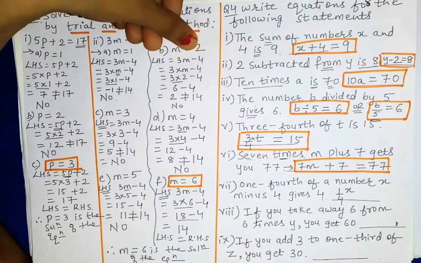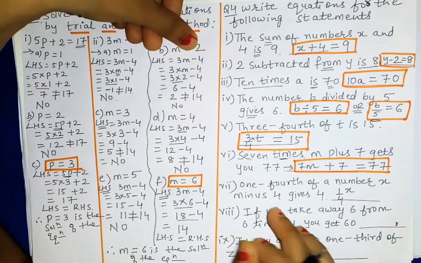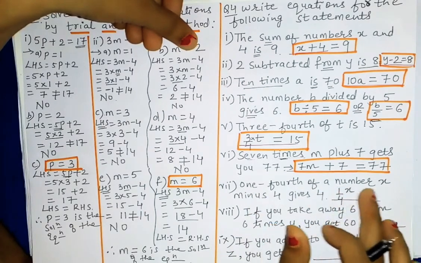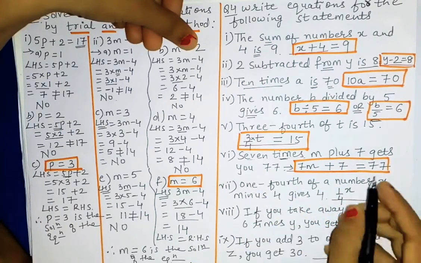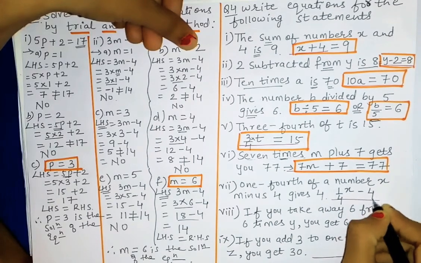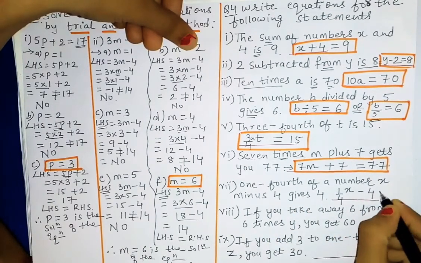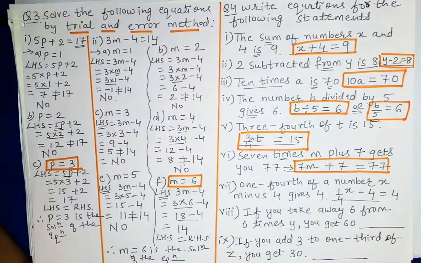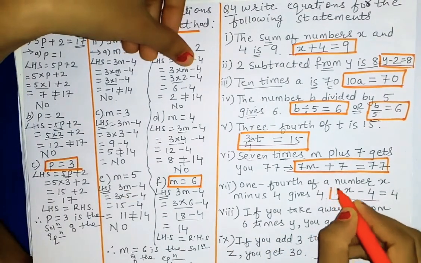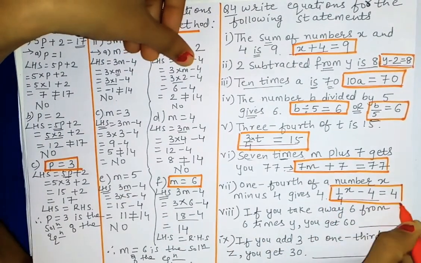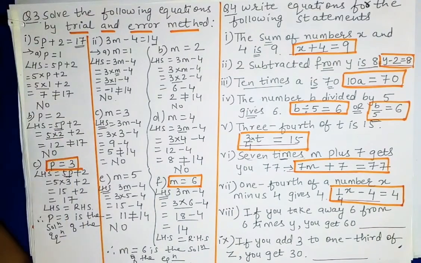So x upon 4 भी लिख सकते हैं, 1 upon 4x. This way also you can write. So 1/4 of a number x minus 4 gives 4. Gives 4 means equal to 4. So this way you will write your equation, 1 upon 4x minus 4 equal to 4.